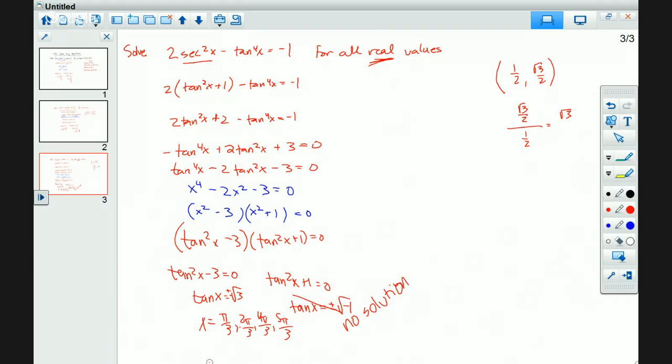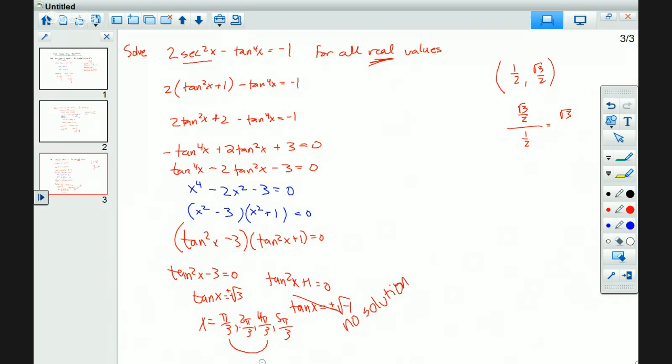But if you want to represent all real numbers, we have to come up with some sort of formula to represent it. If you look from here to here, what's the difference? You go from pi over 3 to 4 pi over 3. There's 3 pi over 3 difference, that's pi.